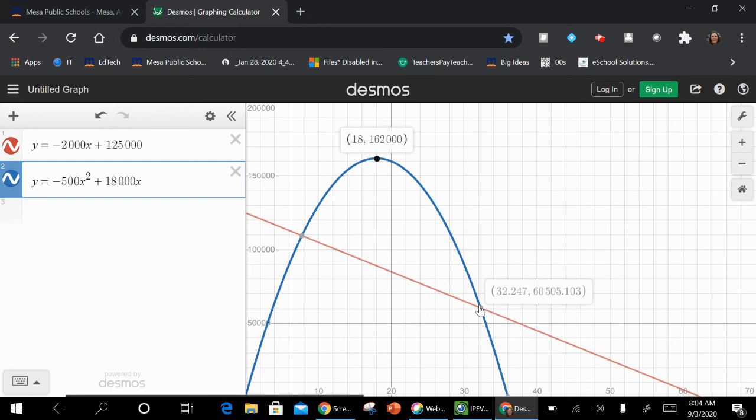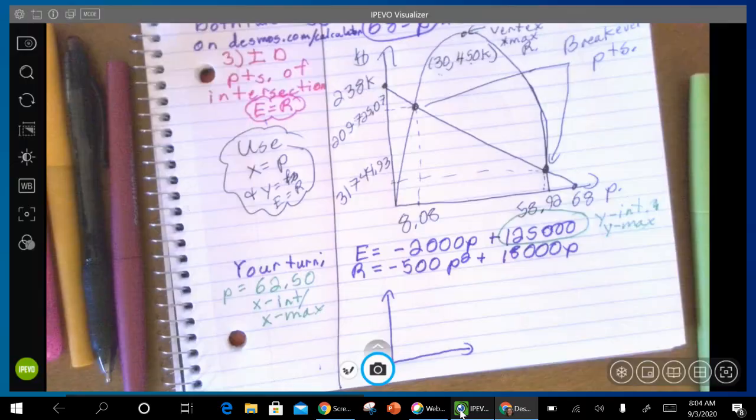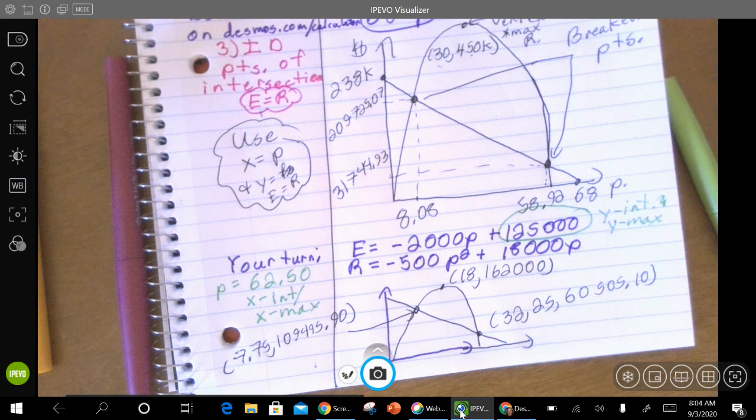And then that one's going to be right there at $32.25 and 60,505 and 10 cents. Remember, 5 and up rounds up. Okay, double check if that's the same answer you decided on. And you got this, everybody.